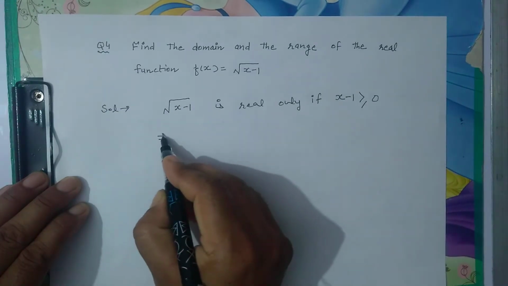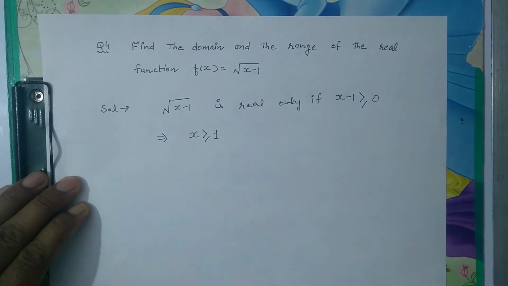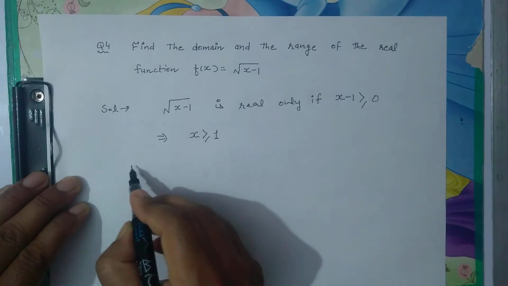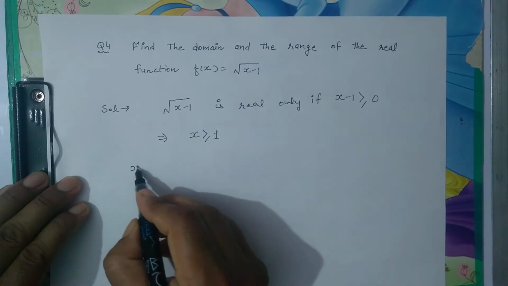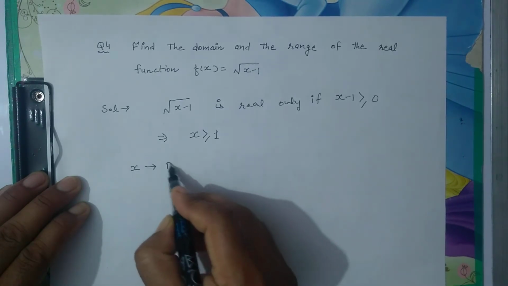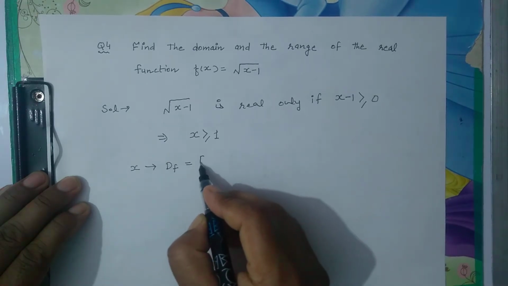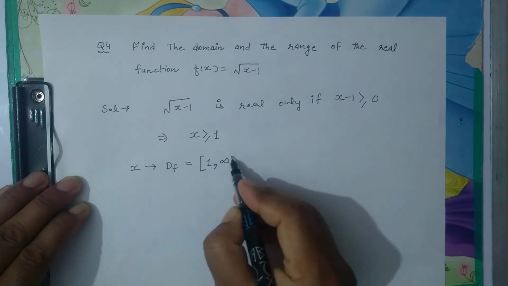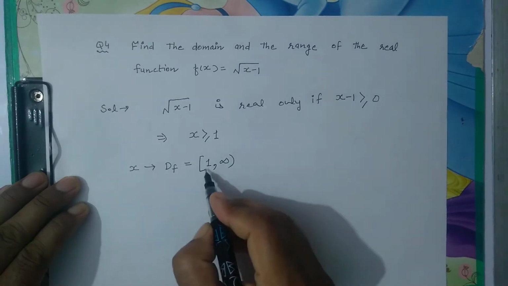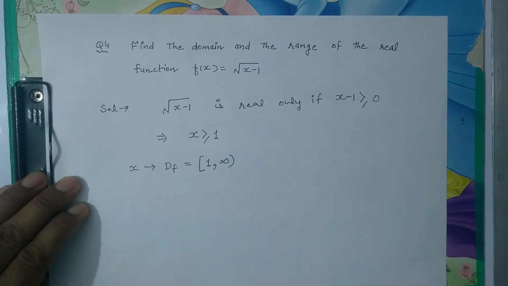So it means x should be greater than or equal to 1. So value of x is called domain. Okay, domain of the function is equal to starting from 1 up to infinity. With 1 we insert closed bracket because of this equal to sign.